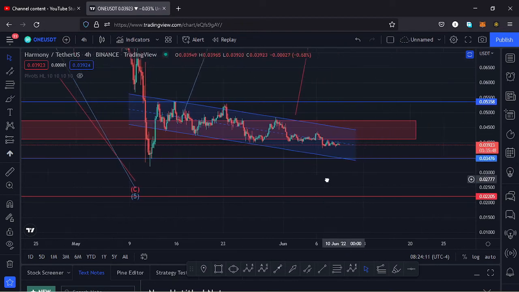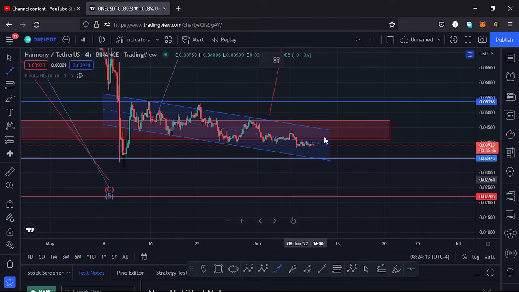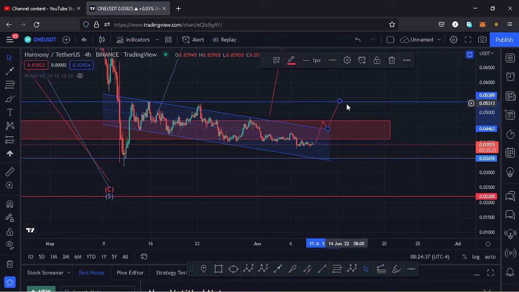It's possible that we might see a pump to the upper side of this channel, and once we manage to break above the channel and maybe have a retest of the top of the channel, it's possible for us to see a little bit of a breakout to the upper side, and that breakout can take us to around the $0.015 mark, which is a key area of resistance.